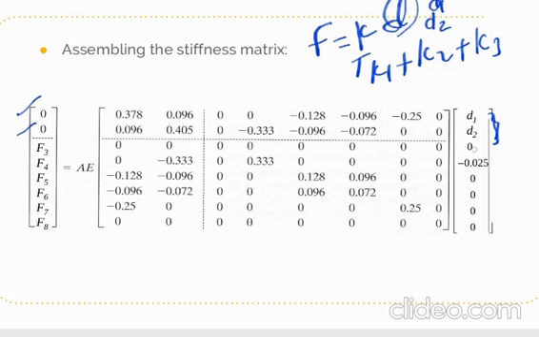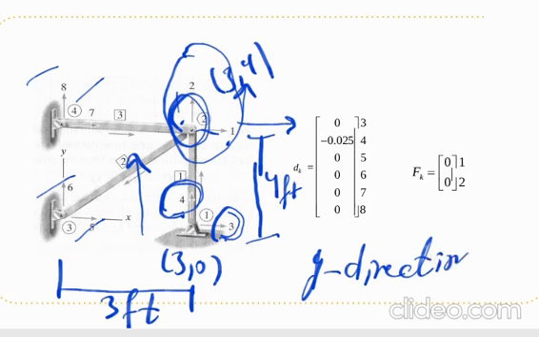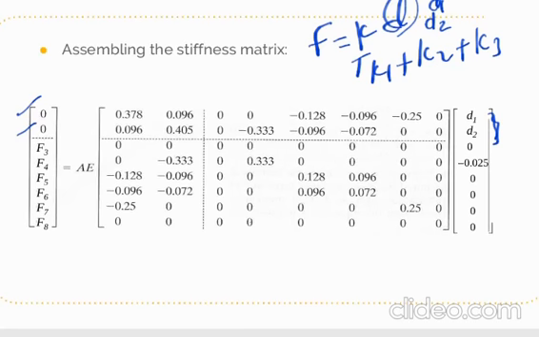And D number 3 is 0, as we go to the figure here. D3 is 0 because the settlement takes place only in the Y direction. So it will be minus, because it is downside or down direction, minus 0.025.